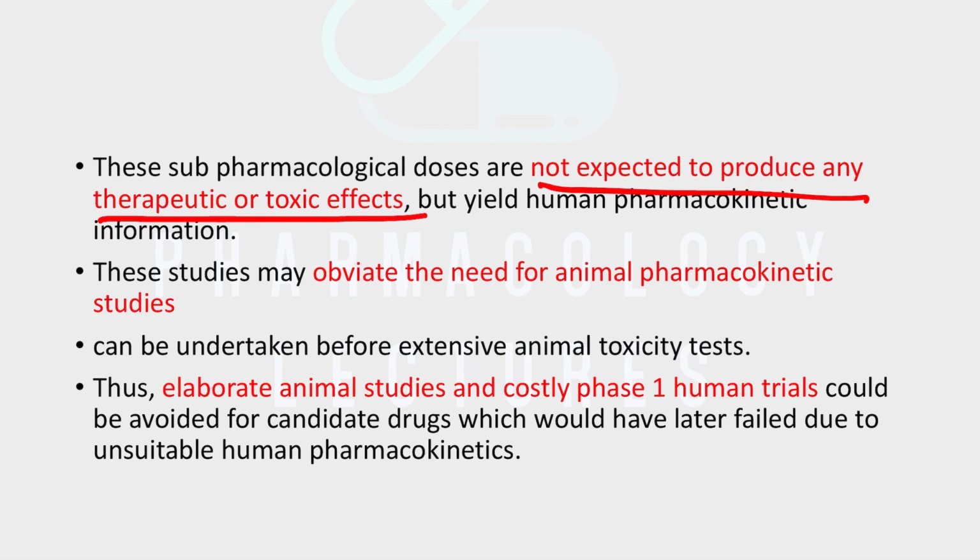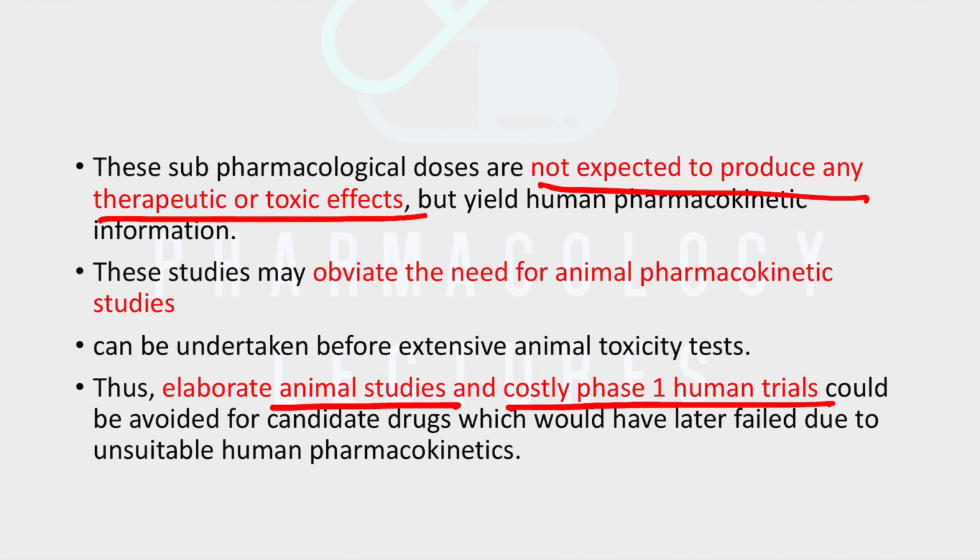But the major advantage here is that it will cancel the animal pharmacokinetic studies and even phase 1 human trials, because we are doing animal pharmacokinetic studies, and we are doing phase 1 studies to know the safety profile and pharmacokinetics.